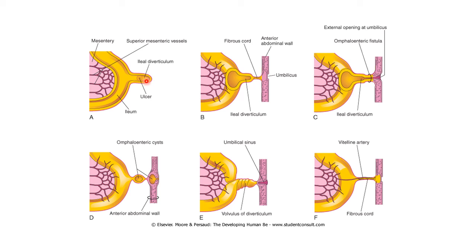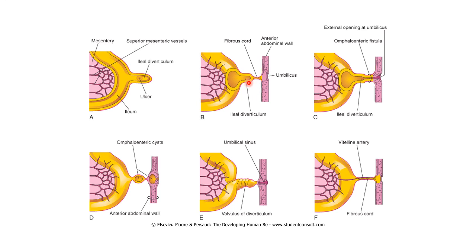And definitely from the gastric mucosa and the pancreatic tissue, the enzymes and the HCl that are released lead to the ulceration of that ileal diverticulum. So this Meckel's diverticulum is also called ileal diverticulum. So ulceration of the Meckel's diverticulum is most commonly associated with the ectopic gastric mucosa and pancreatic tissue, and this can lead to bleeding into the abdomen. So this ulceration can produce the bleeding as well.